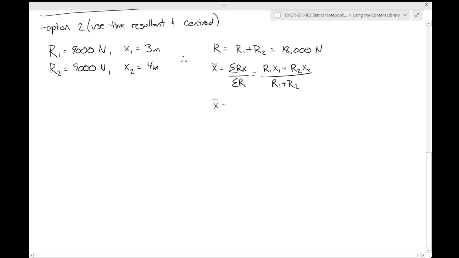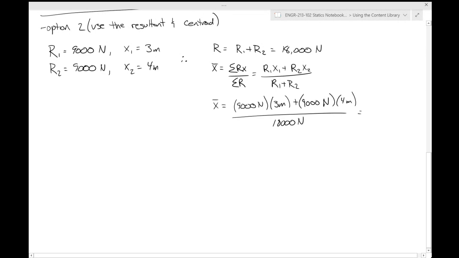And so that's going to be 9,000 newtons times 3 meters plus 9,000 newtons times 4 meters over 18,000 newtons.